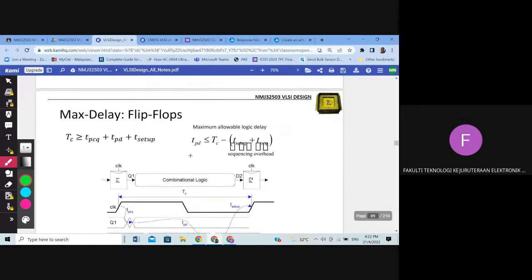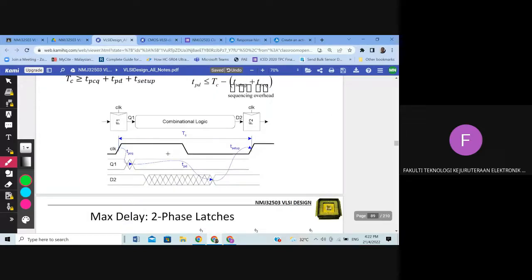All right, so how do we determine the maximum delay? The maximum delay is very important for you to determine the clock frequency. Let's have a look at this one. This is actually the same diagram as before.